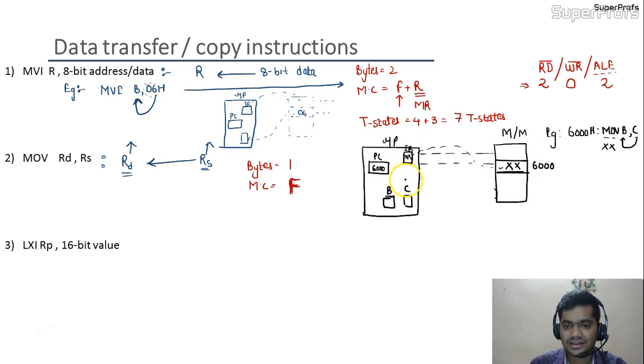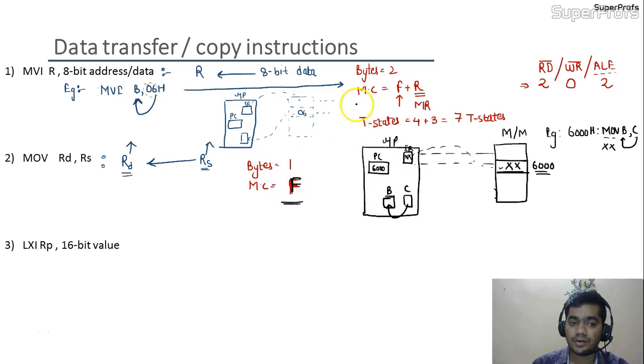Data is going to be transferred within the microprocessor, from C to B. Only one access, that is fetch, is required, because we have to access the opcode from the memory. That's why we use only one machine cycle, that is fetch. Now this data would be transferred after the instruction is executed and we would get our result.